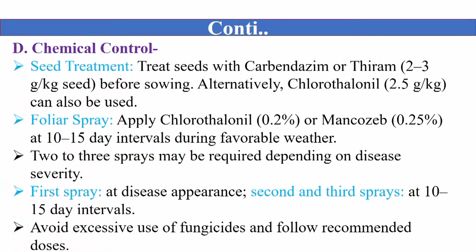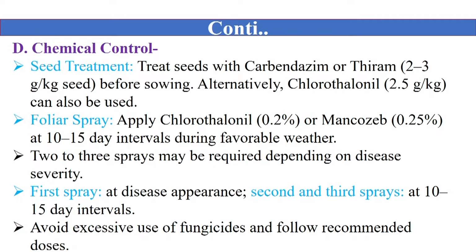And you can also spray foliar chemicals like chlorothalonil or mancozeb at the rate of 2.25% at 10 to 15 day intervals during the weather favorable for the pathogen. And you have to use 2 to 3 sprays; it may be required depending on the disease severity.